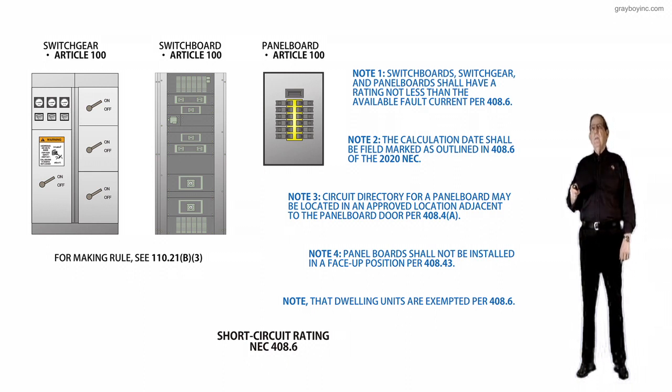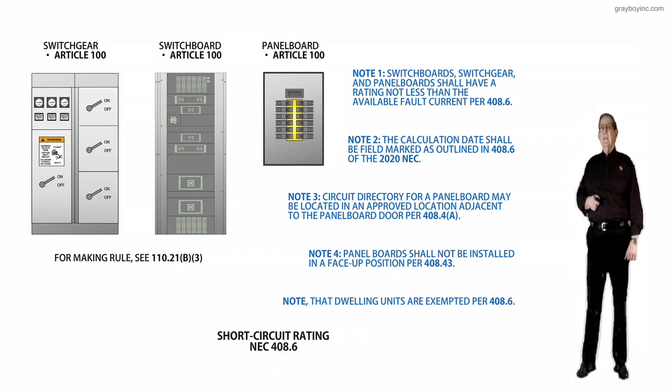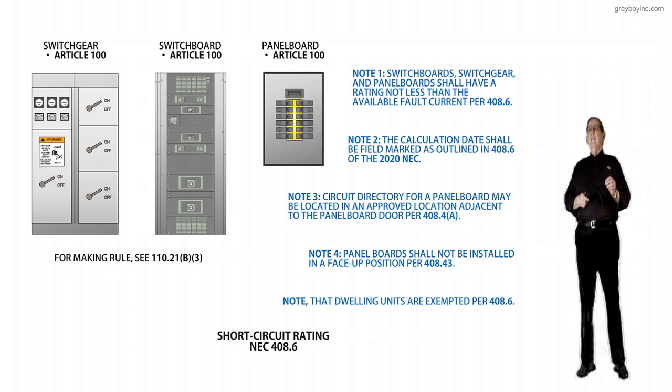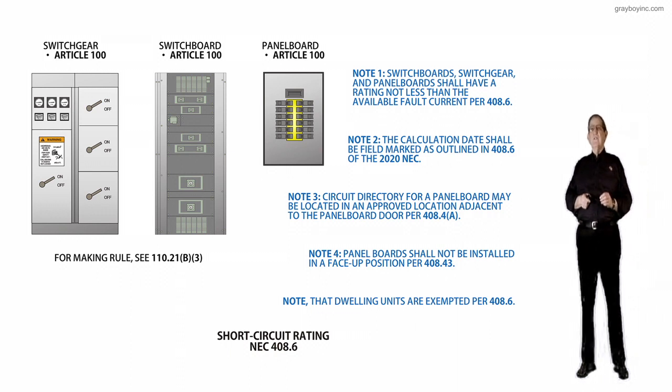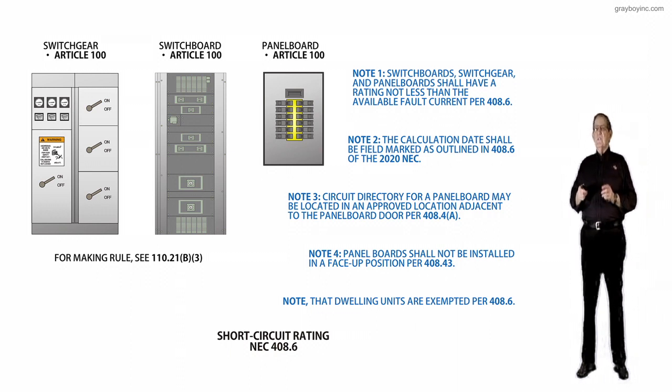Note 1, switchboards, switchgear, and panel boards shall have a rating not less than the available short circuit current as outlined in 408.6. Now, notice this changed in the 2017 NEC where it said have a rating not less than the available short circuit current.